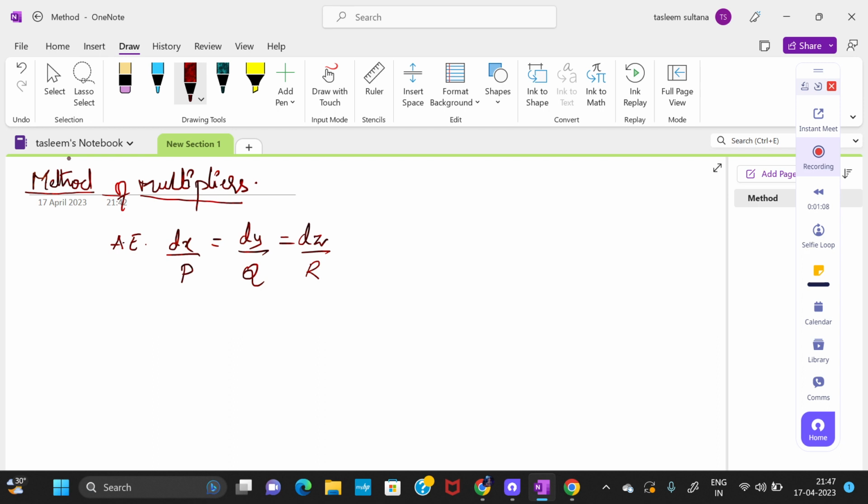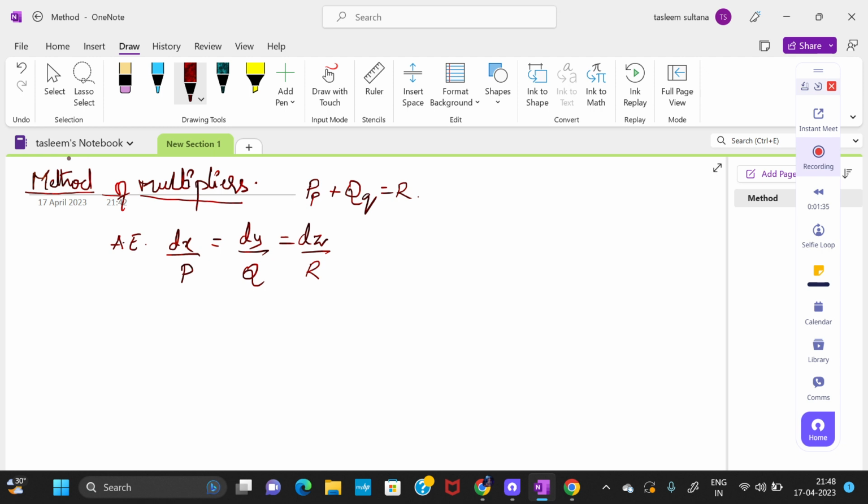It has to be in the form of P p plus Q q equals R. First, you write the auxiliary equation, that is dx by P equals dy by Q equals dz by R.